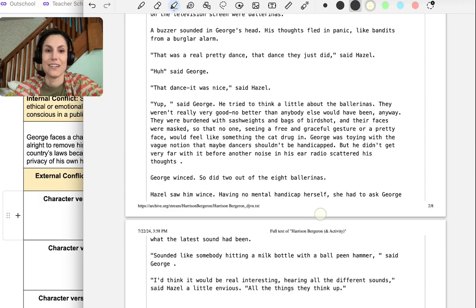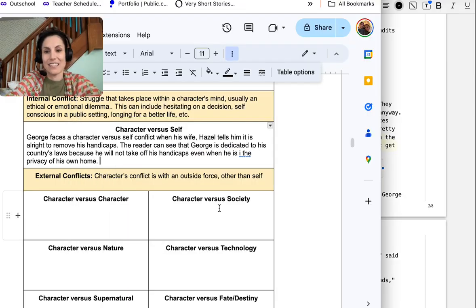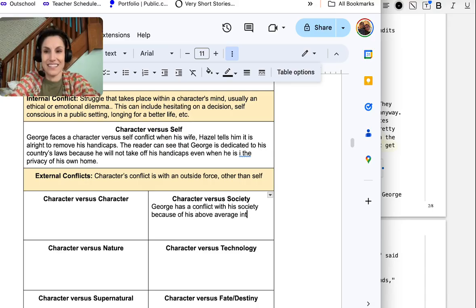And we could say, here's one. "Wait, George was toying with this vague notion." So for this line here, I could say it's the conflict, right? And I will say character versus society. George has a conflict with his society because of his above average intelligence.